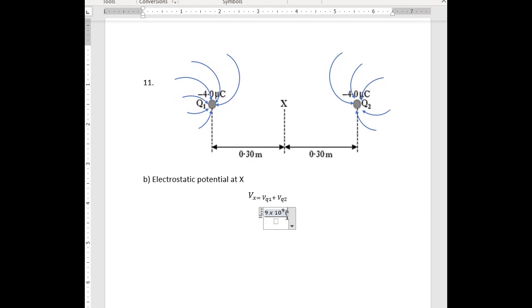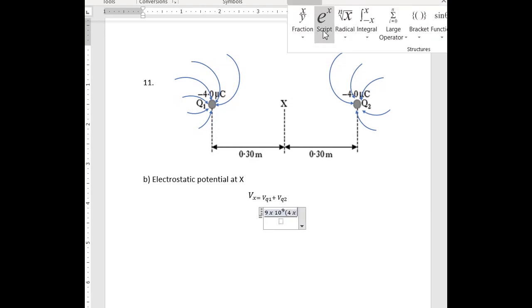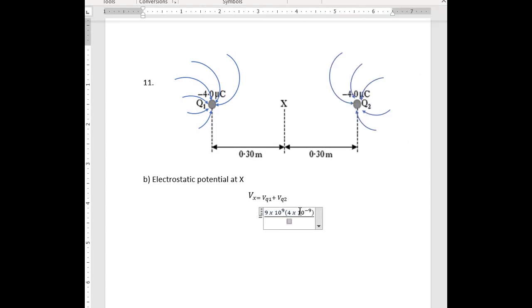Q1 is 4 times 10 to the power of minus 9. Distance between Q1 and X is 0.3. For V of Q2 it is the same, negative charge. And the answer is minus 2.4 times 10 to the power of 2.